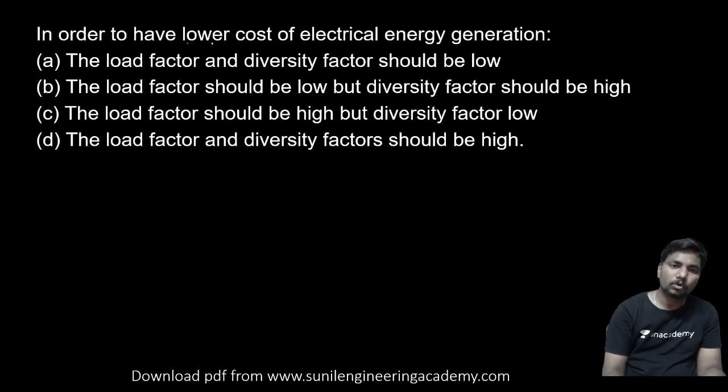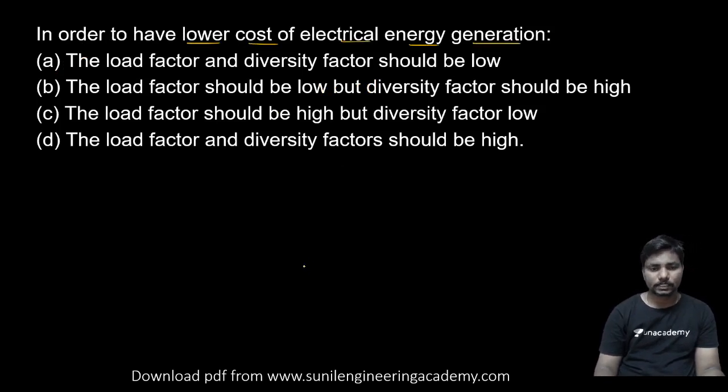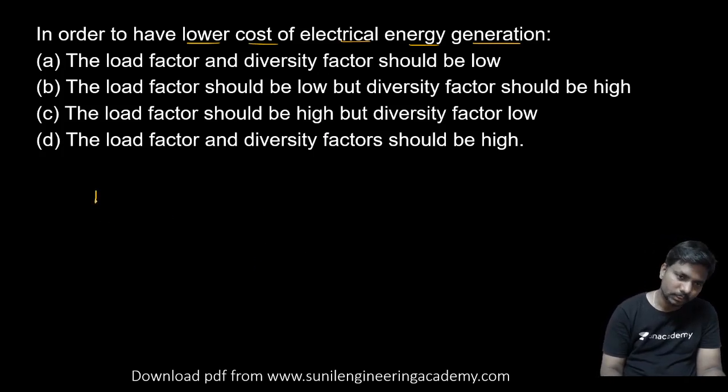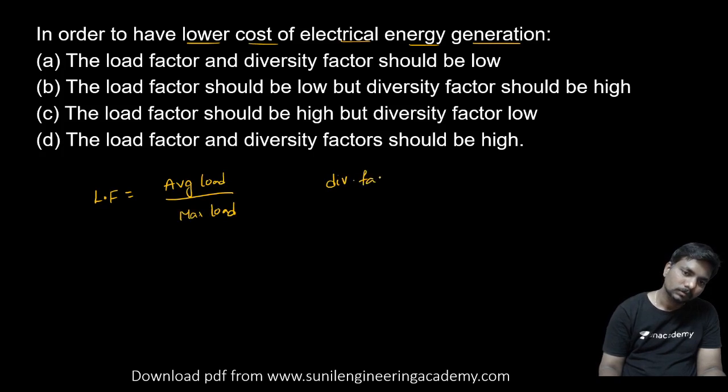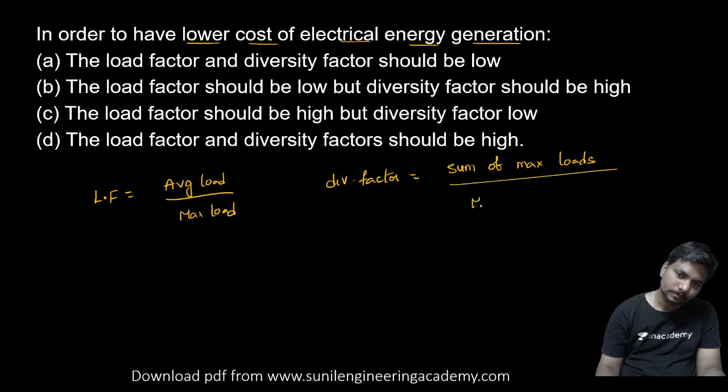Okay, and coming to the next one. In order to have lower cost of electrical energy generation, which of the following is correct? They are asking about load factor and diversity factor. Let us discuss. Load factor is equal to average load by maximum load. Diversity factor is equal to sum of maximum loads by maximum load of system.